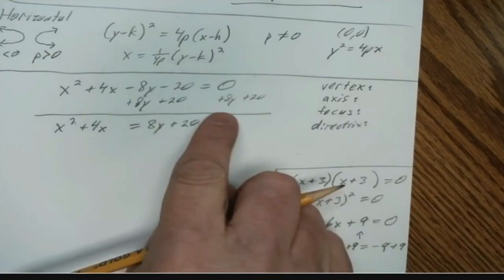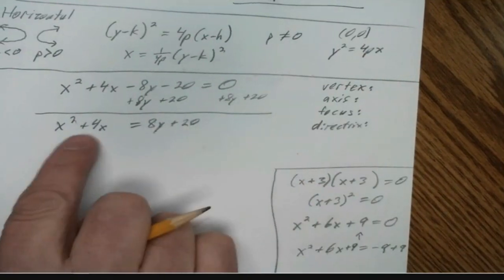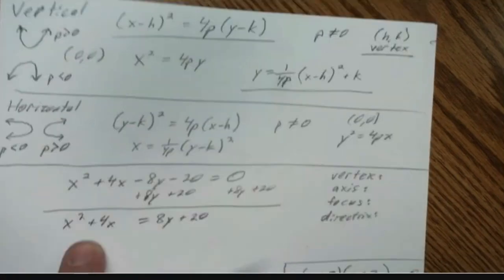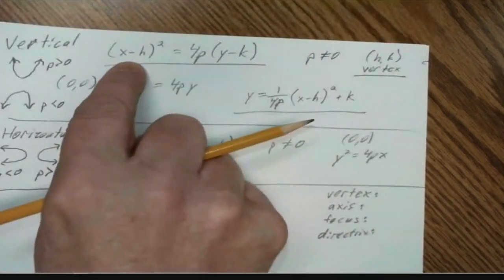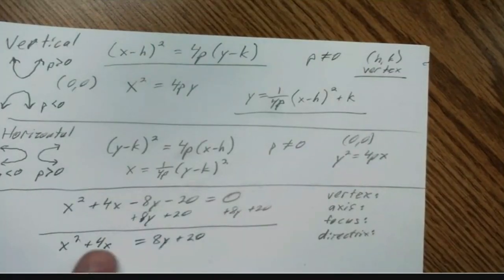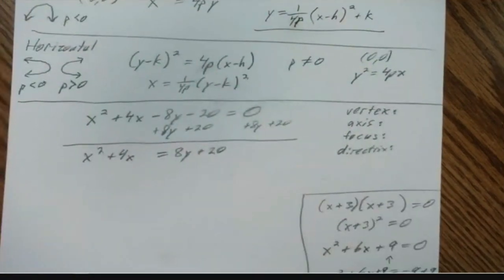It's a positive 8y now because we've added it. So to complete the square, we want this to be a perfect square binomial, because for our equation, we need it to be a binomial that's squared. We need to convert this from this type of equation to this type of equation.